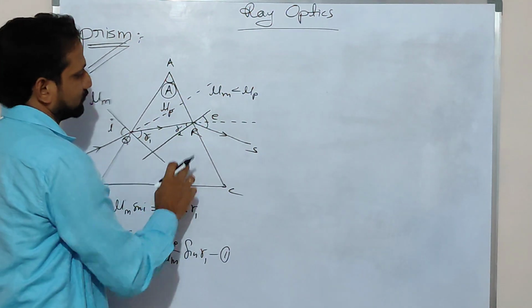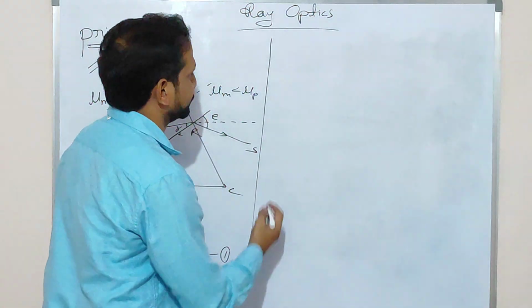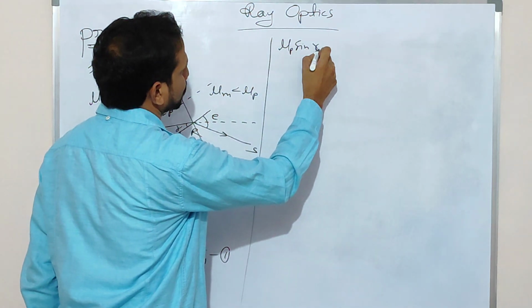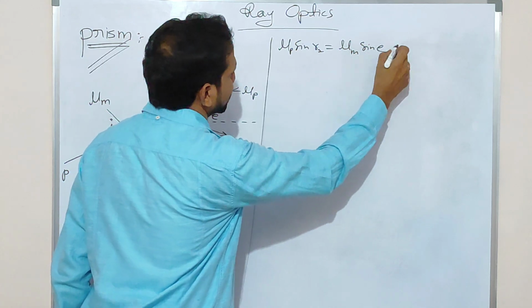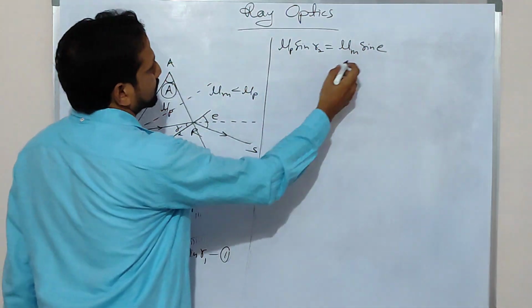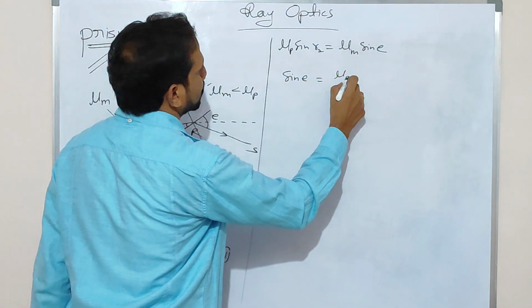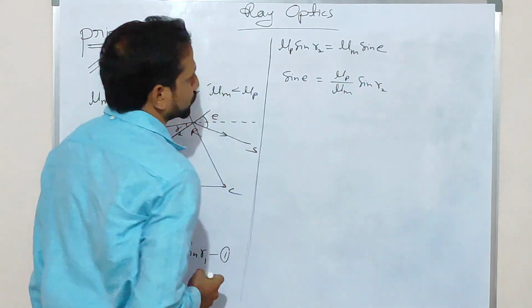And here from prism to air or medium, if you consider Snell's law again, it is mu p into sin r2 equals mu m into sin E, and I can rearrange this as sin E equals mu p divided by mu m into sin r2.